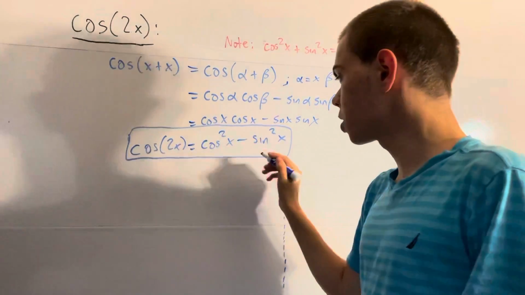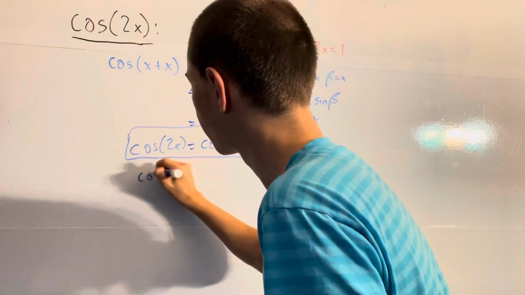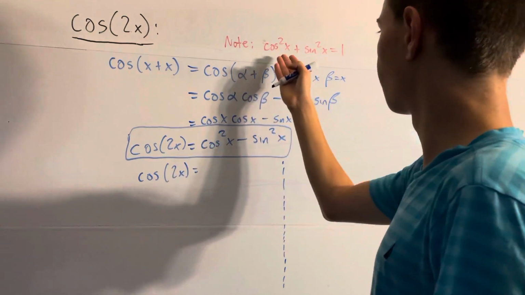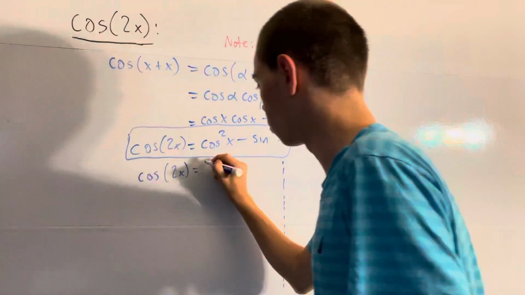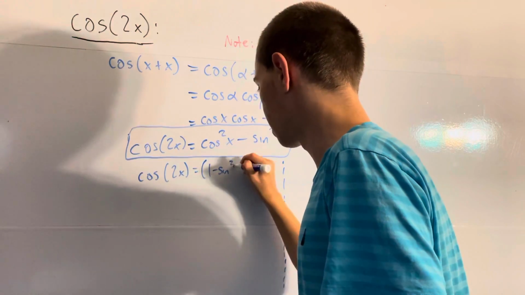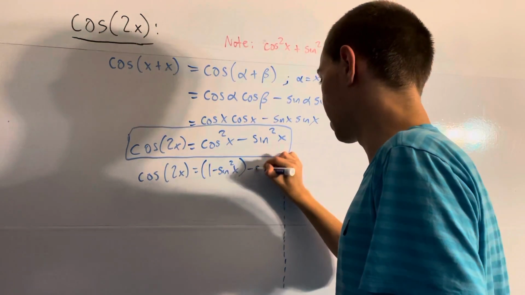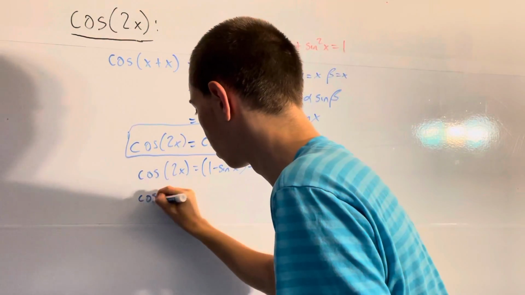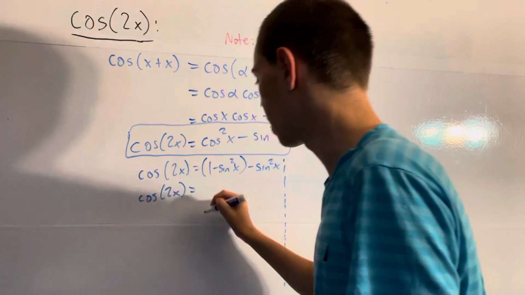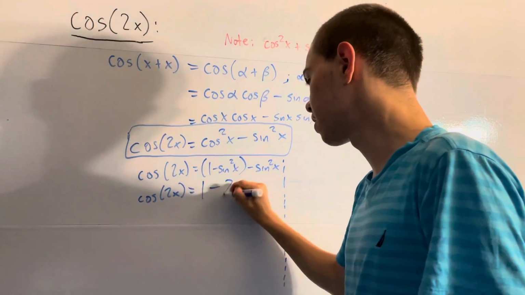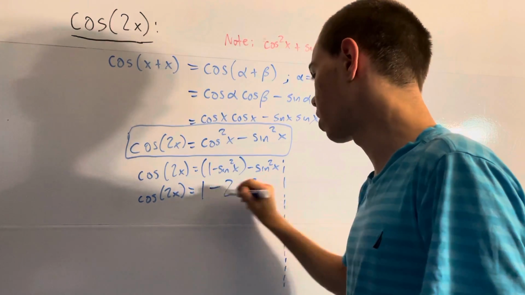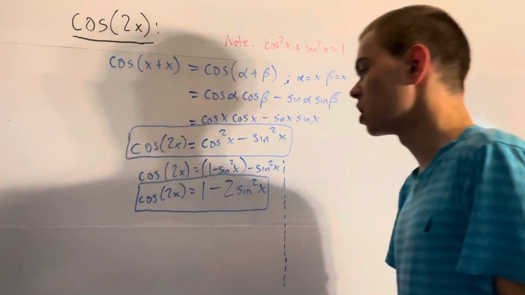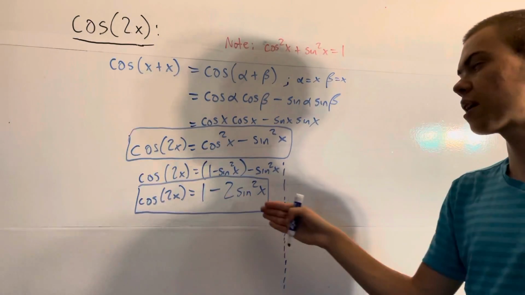So pretty much the idea is that cosine of 2x, if we were to substitute for cosine squared of x, we would get 1 minus sine squared x, and then minus sine squared x. And simplifying this, we get cosine of 2x is equal to 1 minus 2 sine squared x. And so we could also express it equivalently like that.